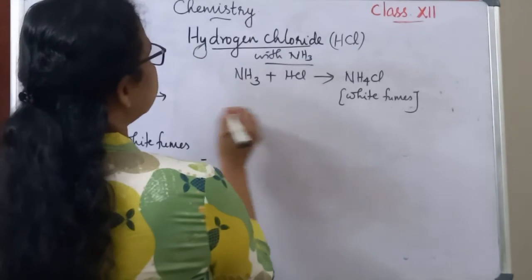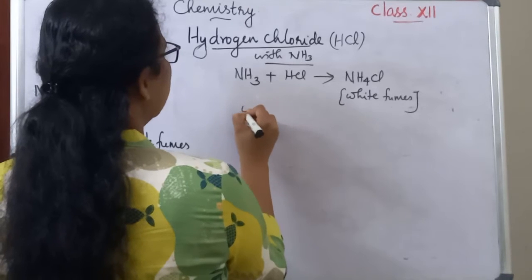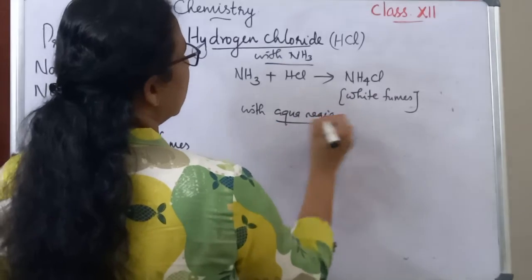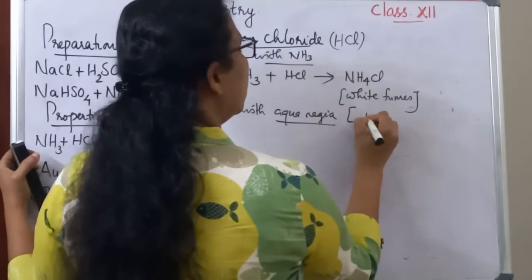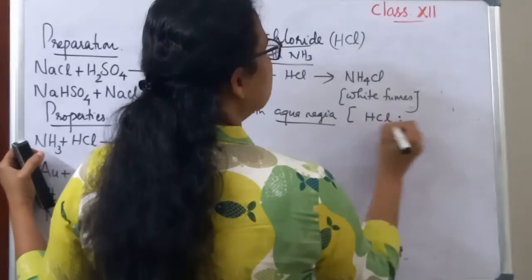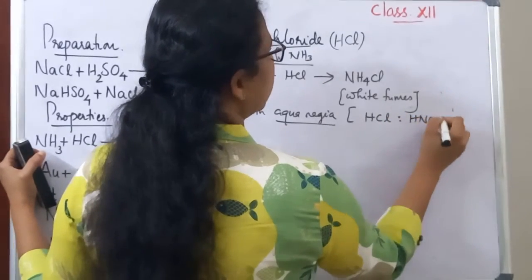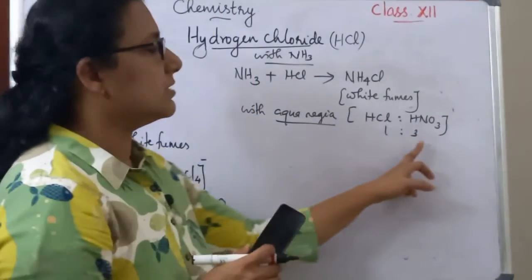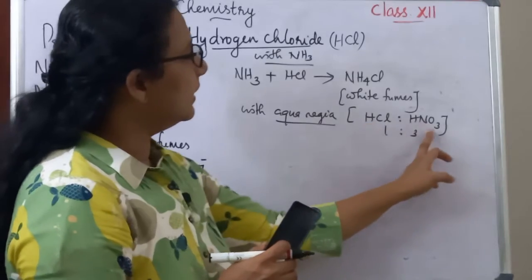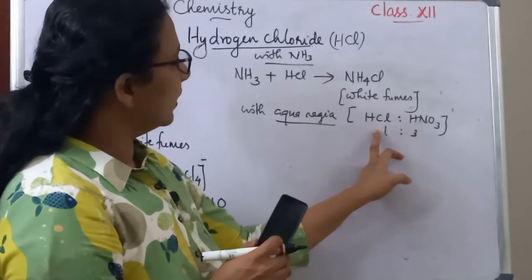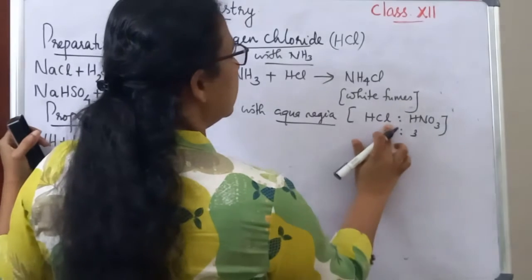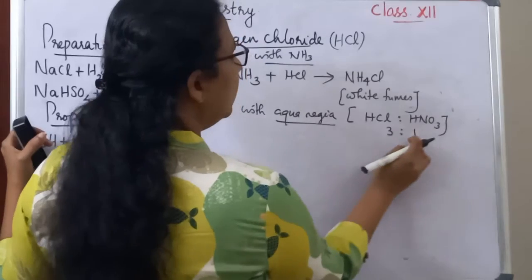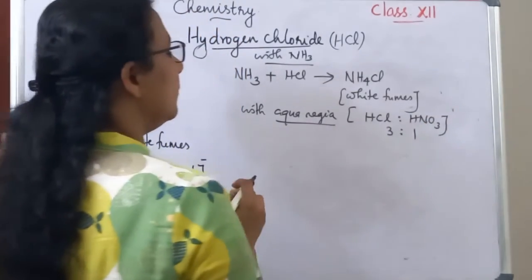Now let's see another property, that is with aqua regia. So aqua regia, you know, it is a mixture of 1 part of HNO3 and 3 parts of HCl.